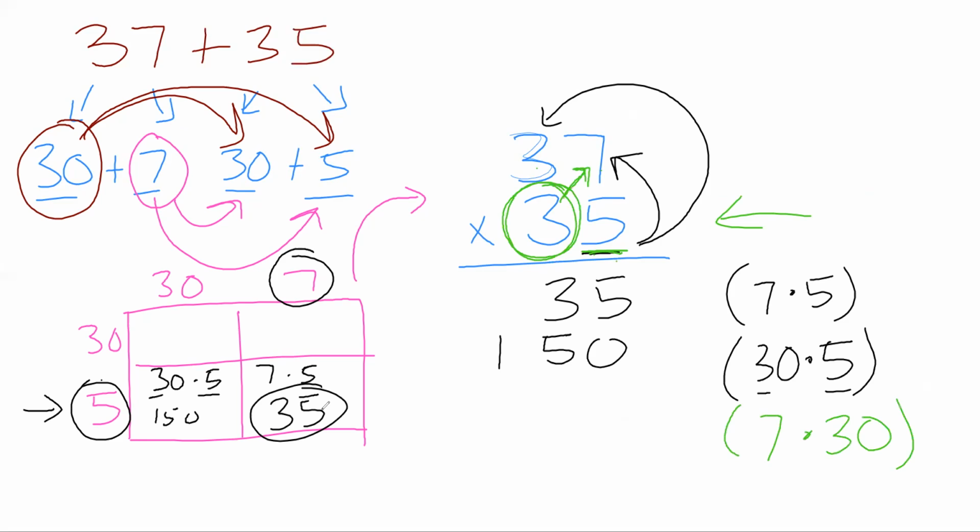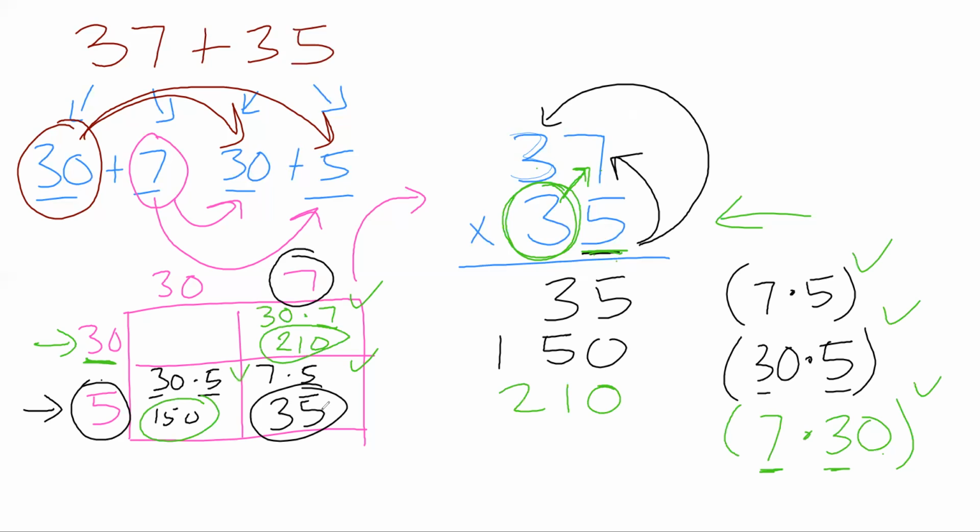It's 30 times 7, which would be the same thing as this row of 30 times this column of 7. And if I do that math, 7 times 3 is 21, and then a 0, so that's 210.